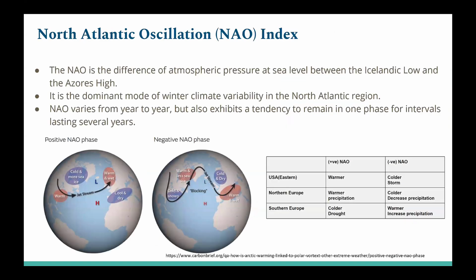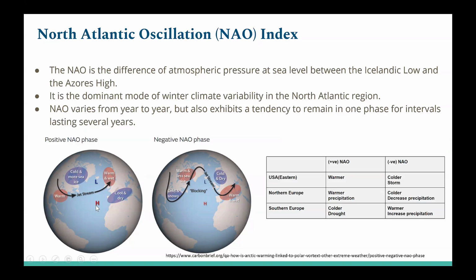The most important thing that we see is the effect of the sea ice extent on the North Atlantic Oscillation. The North Atlantic Oscillation is the difference of atmospheric pressure at sea level between the Icelandic low, which is around here, and the Azores high, which is around this part.